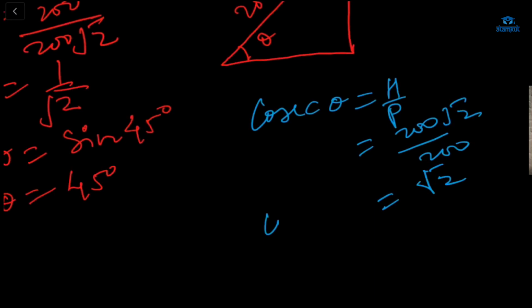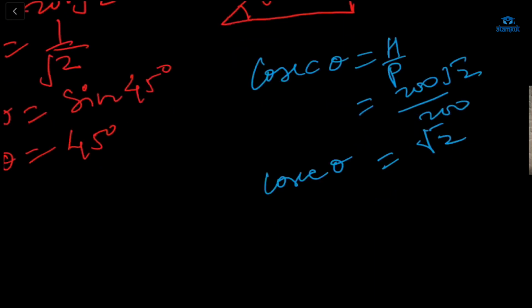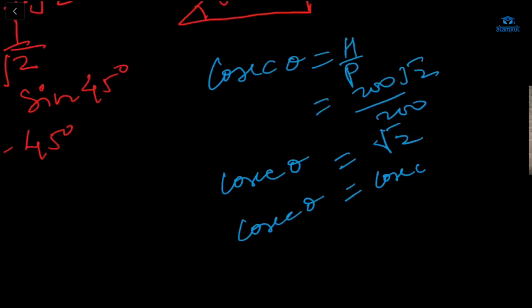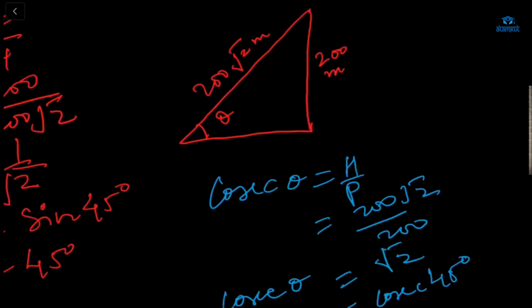Cosec theta is equal to root 2, which is cosec 45 degree. Still theta is 45 degree. I told you, if you are using cosec also, you will get the same answer. It is not wrong. You have to take care that you are using the correct formula. So you can use either sine or cosec.